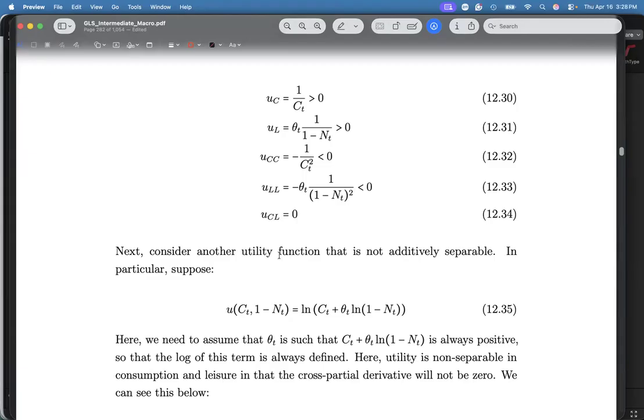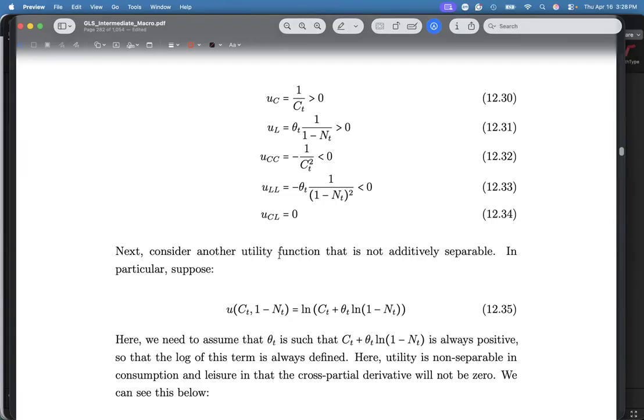Okay. Now you can imagine this is not necessarily true in real life. That your consumption may be more valuable to you if you have more free time, or the opposite. Okay, but this one makes it simple, and that those two things that you value have no relationship with each other directly.